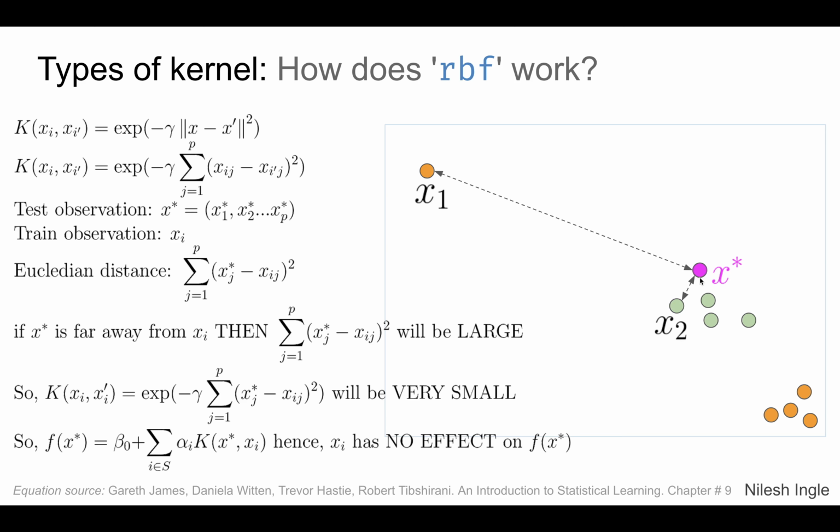And if this Euclidean distance is very large, for example, in this case, the distance between the magenta dot and the x1 orange dot would be much larger. If you have a large number, then when you put that number in this expression, when you try to get an exponential for that, when calculating the kernel, then that value would be very small, and the value for that data point would be very small in the kernel.